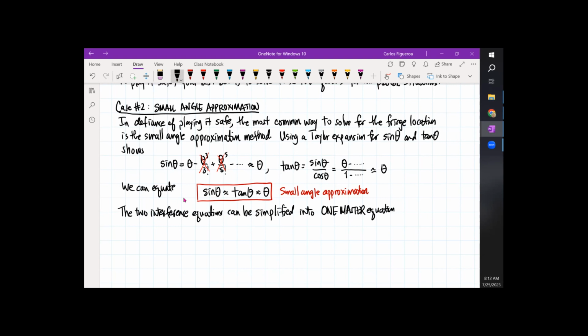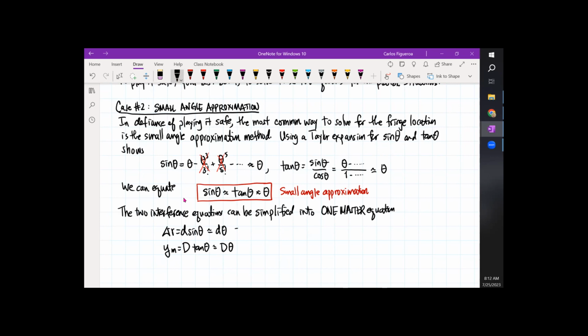Not two, but one. But you could see here that delta R, which is d sine of theta, now I can approximate as d theta. And then y of m, which is big D tan of theta, I can approximate to big D theta.